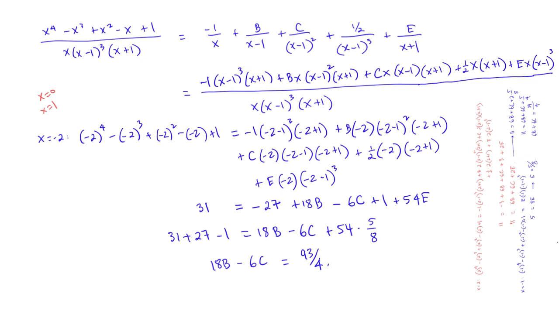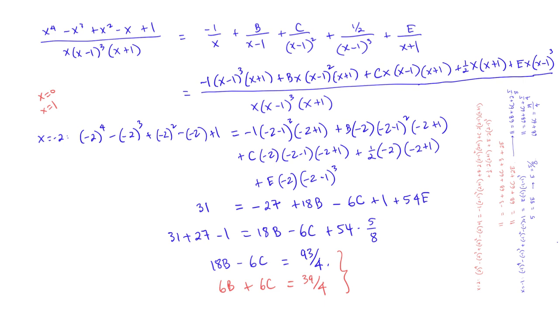We have a system of two equations. One is 18b minus 6c equals 93 over 4, and the other one is 6b plus 6c equals 39 over 4.